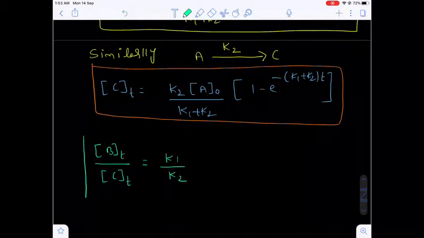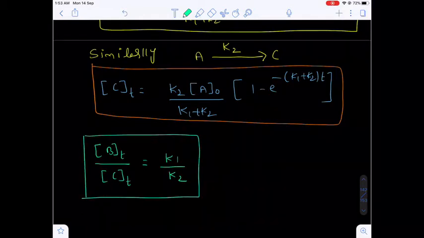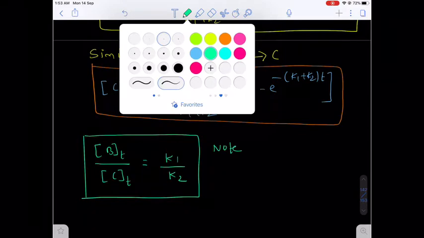What is the concentration ratio of the products B and C? That will be equal to K1 is to K2. Here one important note is there. What is the important note here?